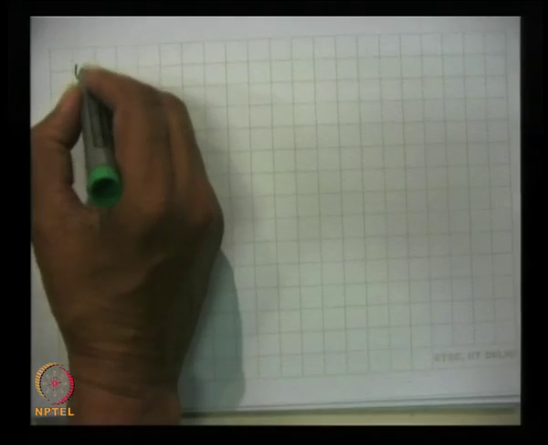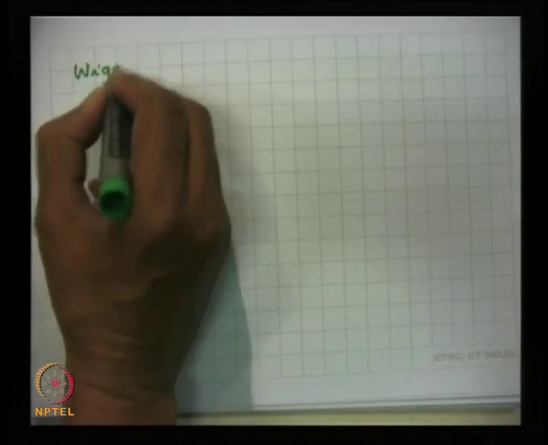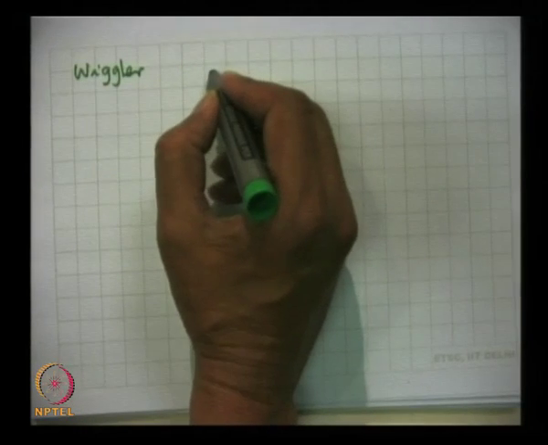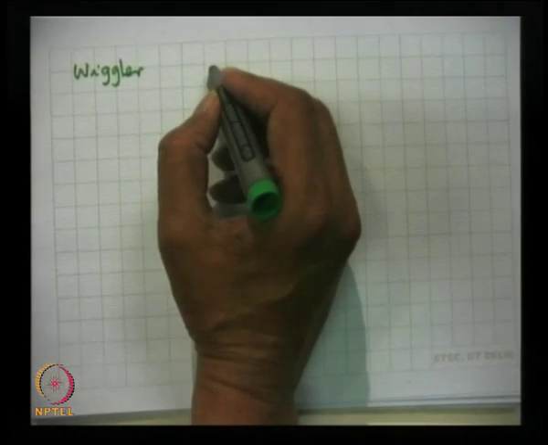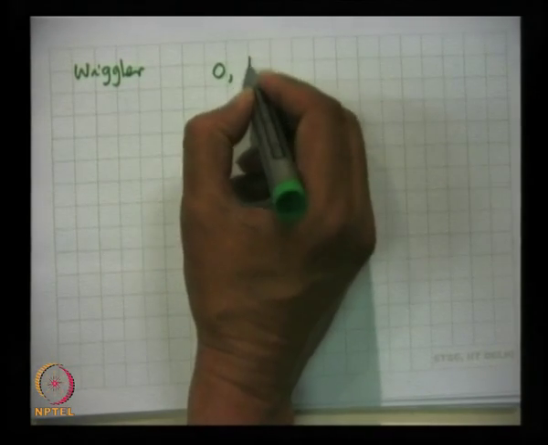Now before I close, I would like to mention that one can view the generation of radiation by free electron laser as a parametric instability also. What you can do? You can treat the wiggler as a wave of frequency 0 and wave number kW.